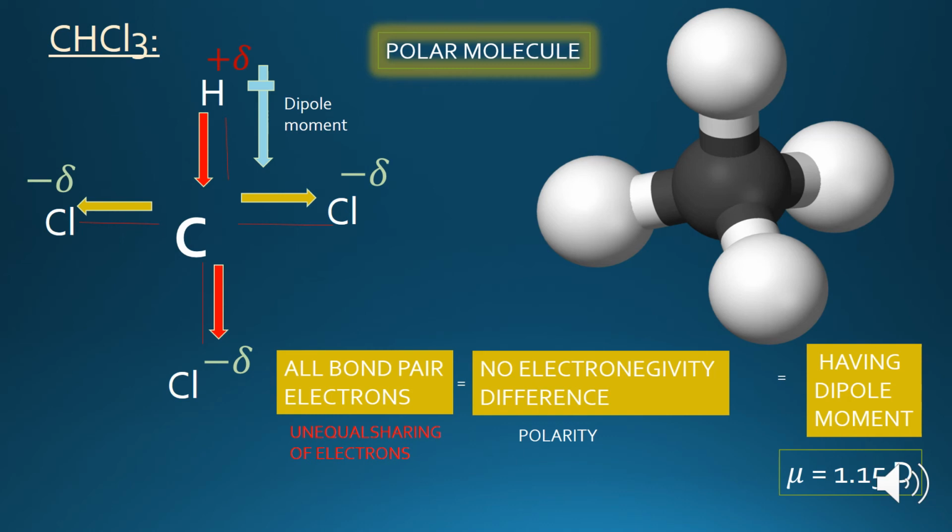We can also predict the molecular geometry: at the four corners of the atom, four bond pairs are attached, and as a result, the molecular geometry is tetrahedral and the bond angle here is 109.5 degrees.